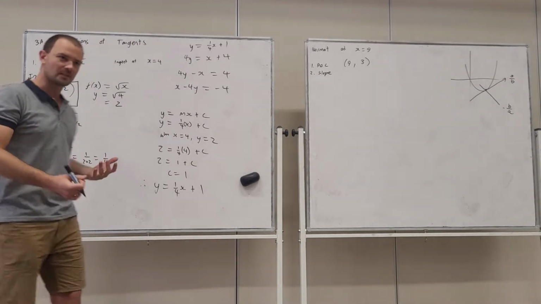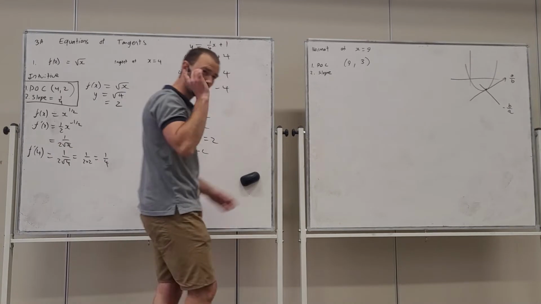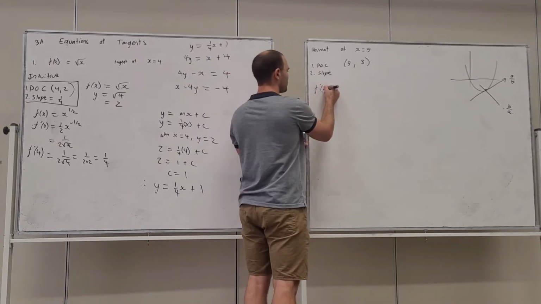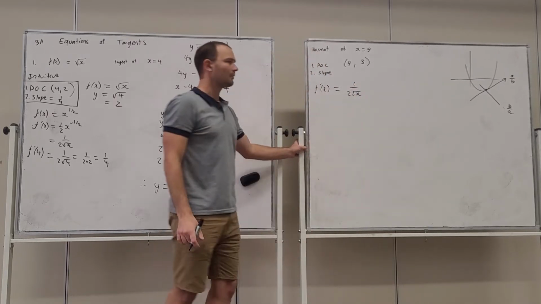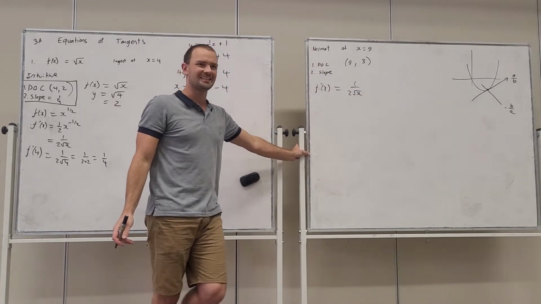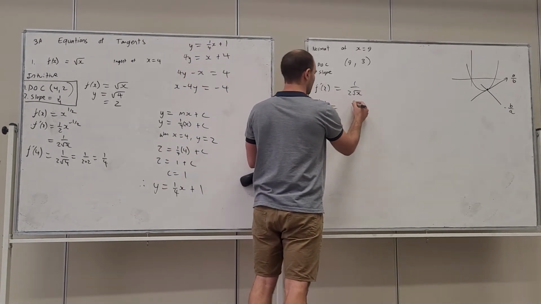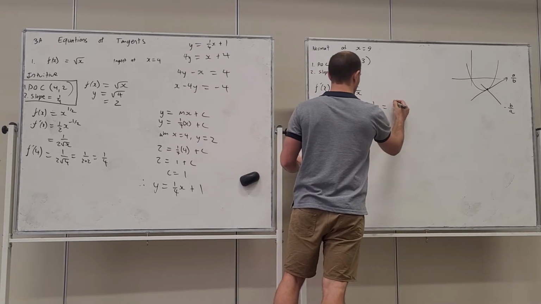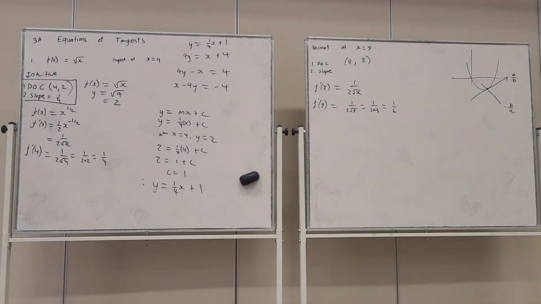Now we have the same slope function, so I'm not even going to perform the derivative again. We're still talking about the same function. So our slope function is still 1 on 2 root x, and we want to know the slope when x is 9. Okay?